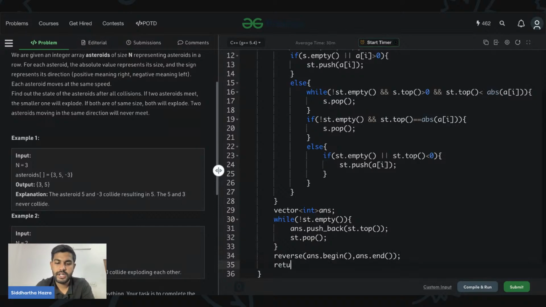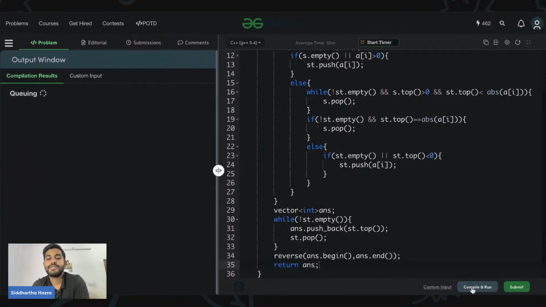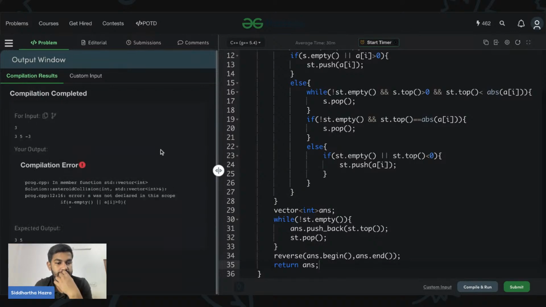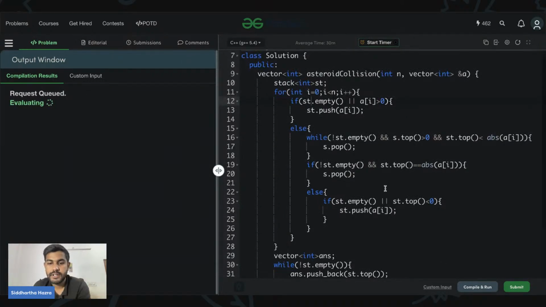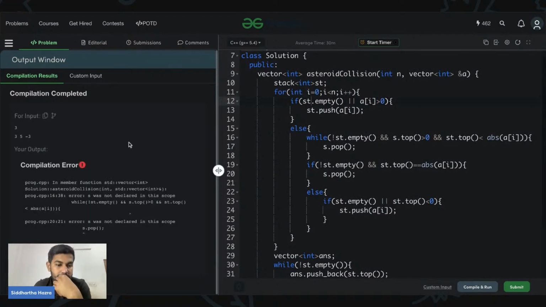Done. Let us see how many mistakes we are making. I just mistyped it after I removed it. The stack s was not declared.